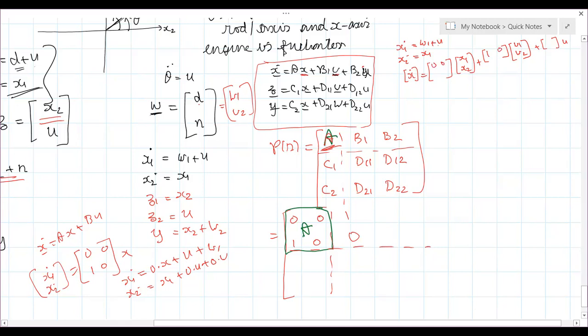Corresponding to u, what will you get? 1. Now x2 dot. What is x2 dot? X2 dot is x1. That means 1, 0. What are the terms corresponding to W1, W2? Tell me. 0 0. Correct. And corresponding to u, what will you get? 0. So this is the A matrix. This is B1, and this is your B2.